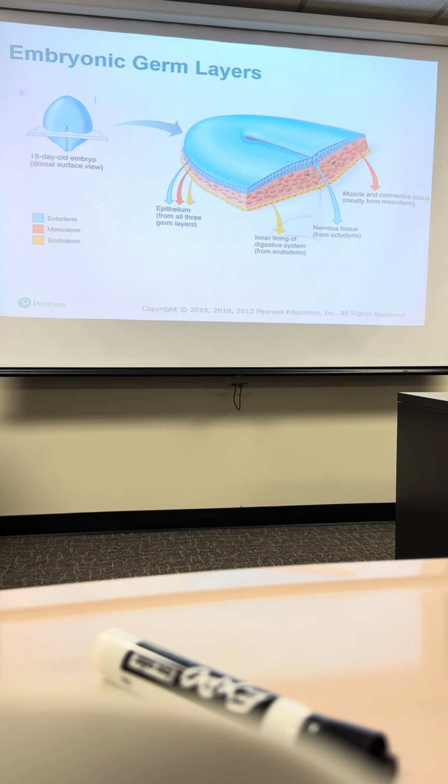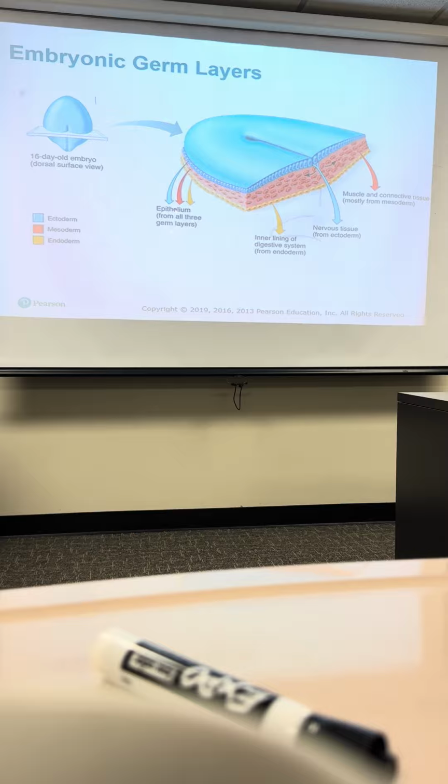The outermost layer is called the ectoderm. The innermost layer is the endoderm. And in between the ectoderm and endoderm, you have the mesoderm.